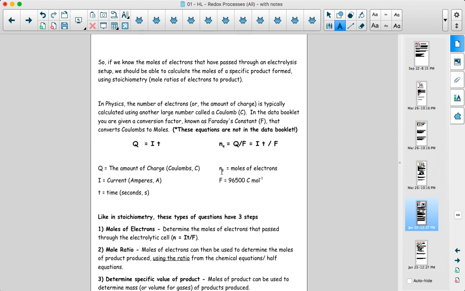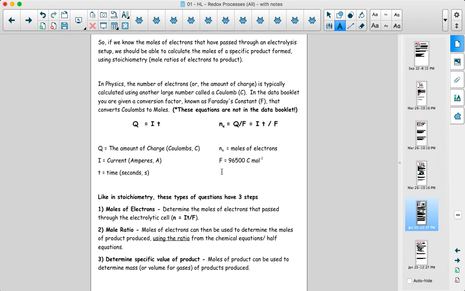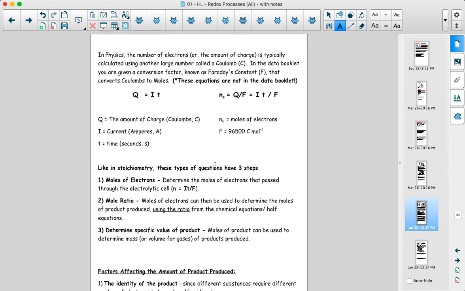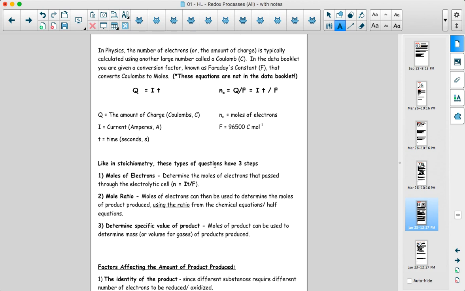The other step is where you determine how many electrons you sent through your electrolysis setup. In order to calculate that, you need to know a little bit of physics, and unfortunately this equation is not in the chemistry data booklet. I feel it should be, but it's not there, so you're going to have to remember it.